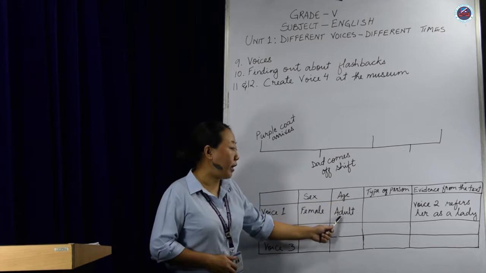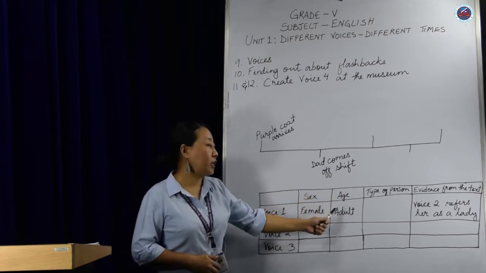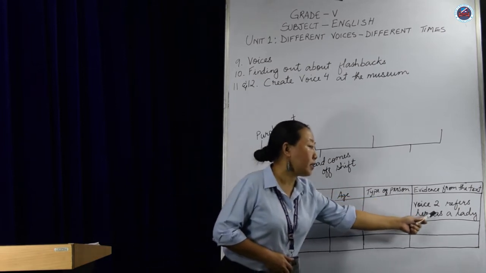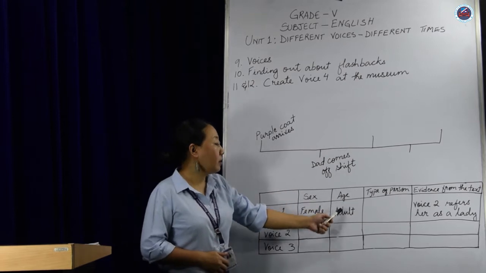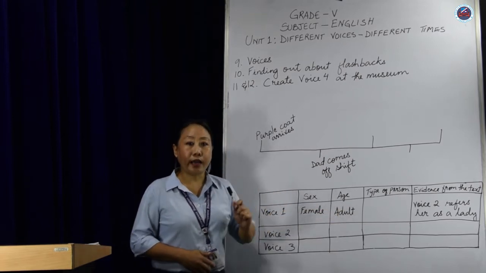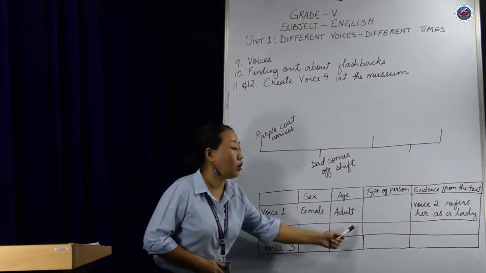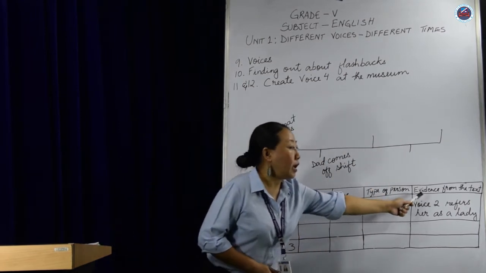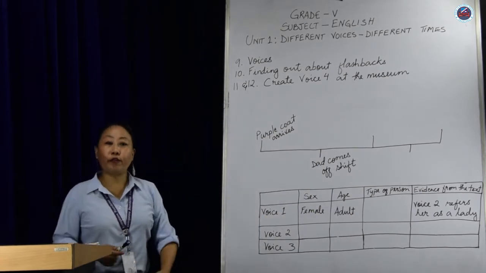When we come to the age, we don't know the age. The year is not given. But since she is regarded as a lady, we can say that she is an adult. So likewise, we fill up these columns taking the evidence from the text, and we make a profile of the different voices.